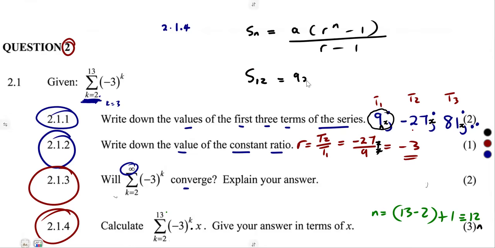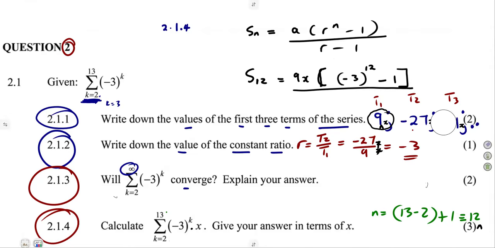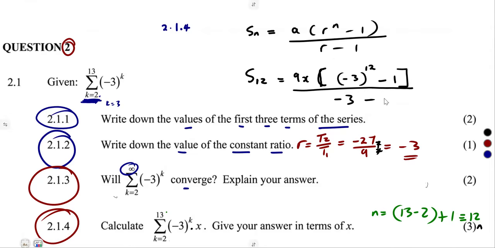So this is going to be 9x into, our r is not going to change. It is still the -3. So that was going to be -3 to the exponent of n, which is 12, minus 1. All right, we subtract our 1 here, over r minus 1, of which our r is -3. So that's -3 minus 1.